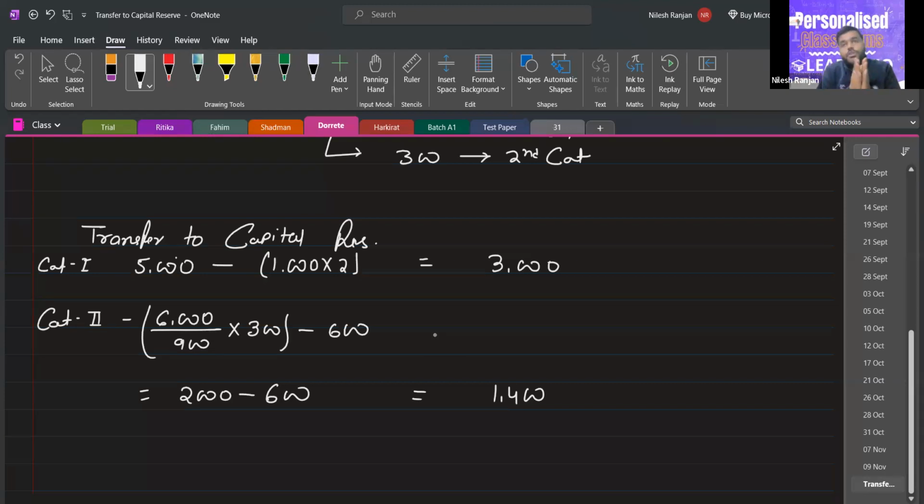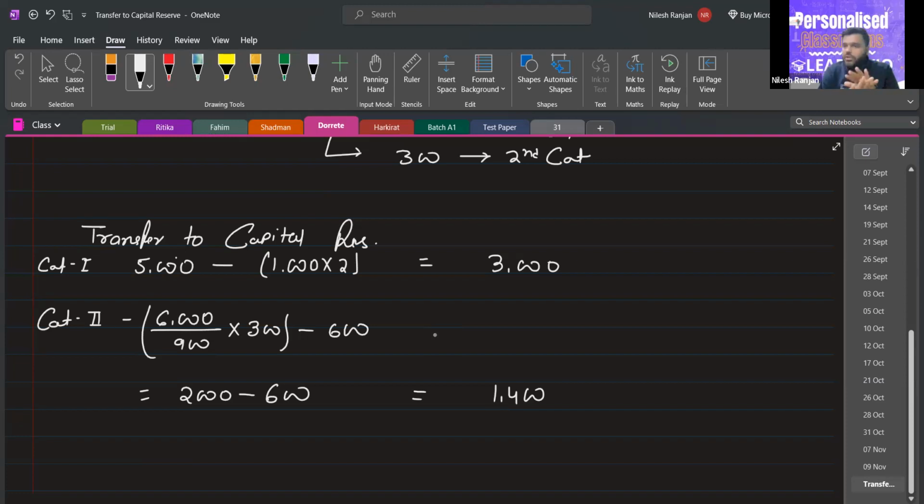Because the first two category shares are forfeited after first call, you have to pass one forfeiture entry after the first call and one forfeiture entry after the final call.